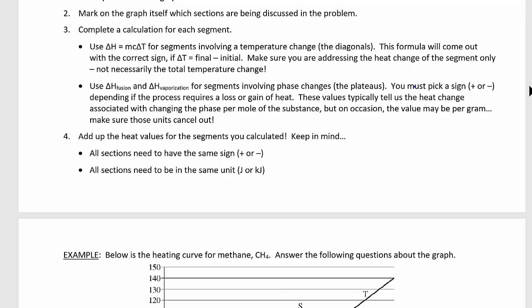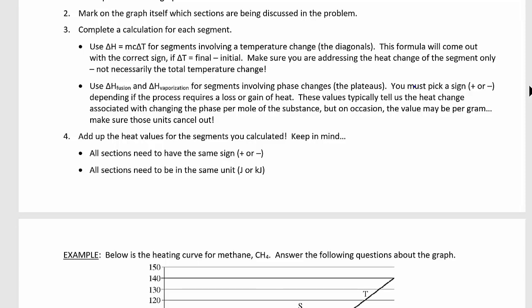You're just going to change the sign depending on if the process requires a loss of heat or a gain of heat. In other words, whether you're boiling or vaporizing, going from a liquid to a gas, that would be positive because you have to add energy to do that. If you're going from a gas to a liquid, or condensing it, that will release heat.